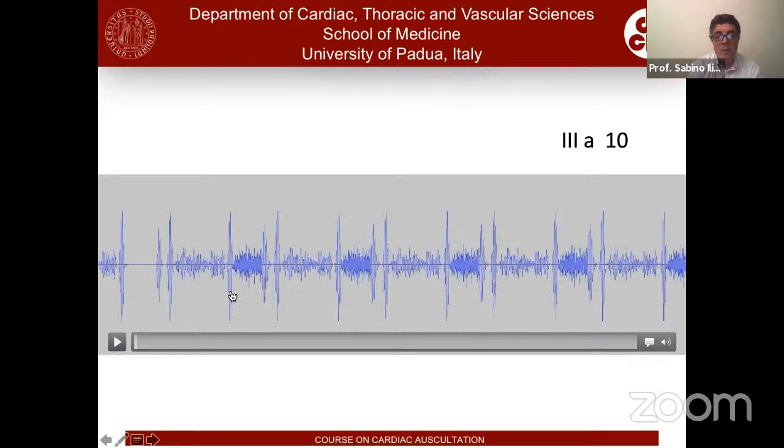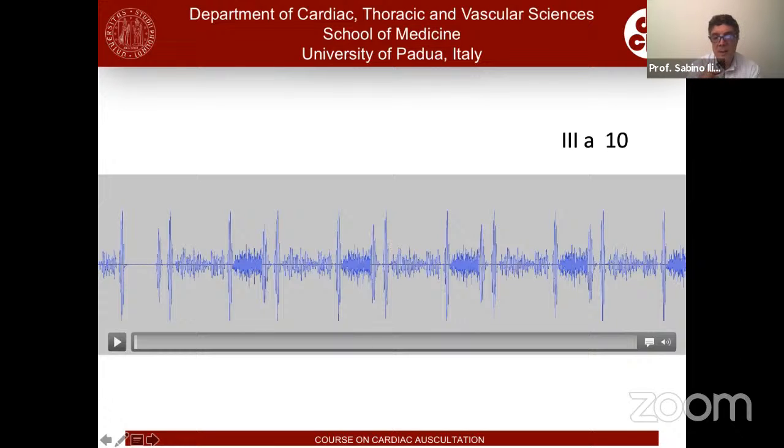This is the first sound, regurgitant murmur, second sound, opening snap, and a low-frequency diastolic murmur. You can see that the intensity on the phonocardiogram is different in these areas, if compared to these other areas. This is the result of the intensity of the sound.